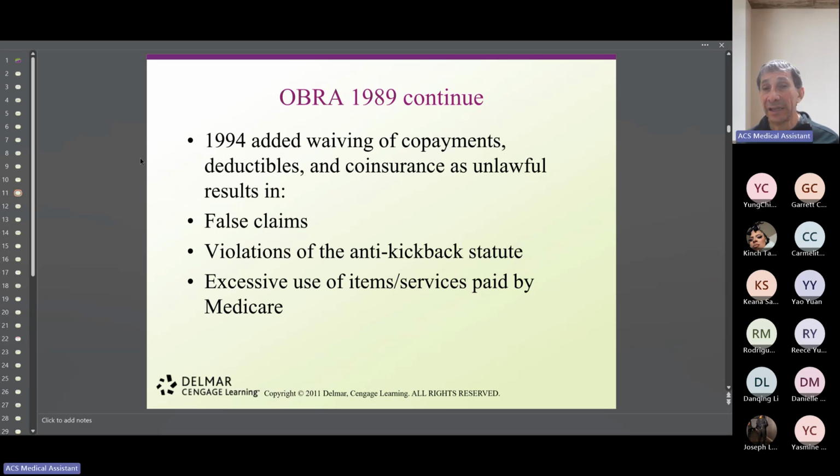That is like an anti-kickback. Okay, I'm not going to charge you, so I'm going to bring more people because of that. And my clients are not going to leave me because I'm not charging them for the copayment. So you see, when you look at these situations in depth, you're going to understand that it's not just $25 for one patient. It's going to be 30, 40, 50, maybe 100 patients.